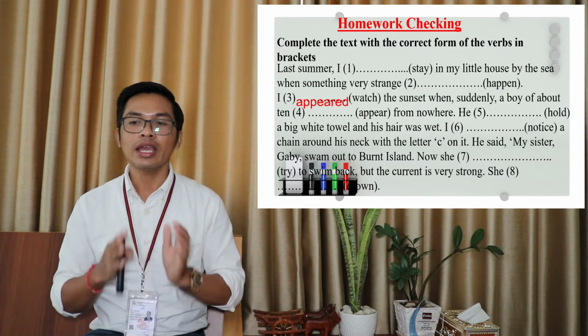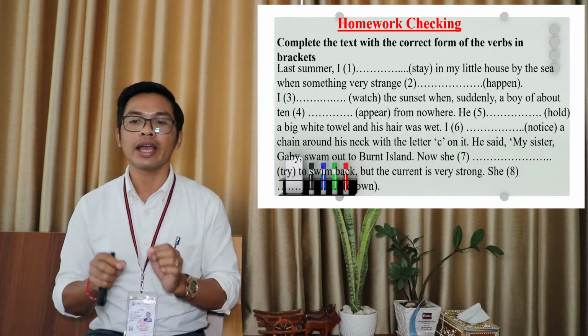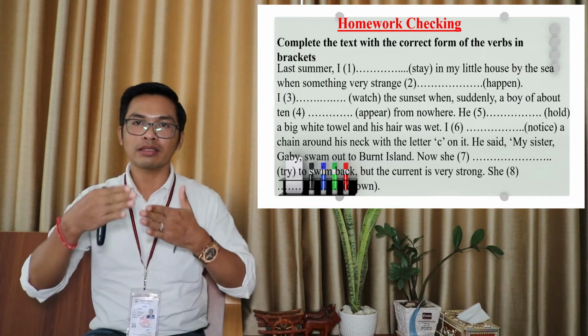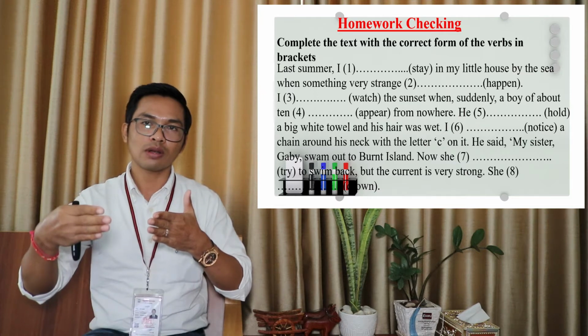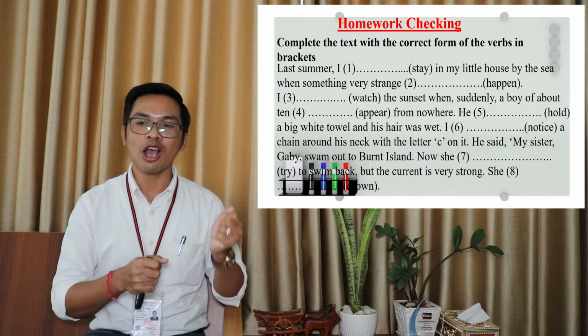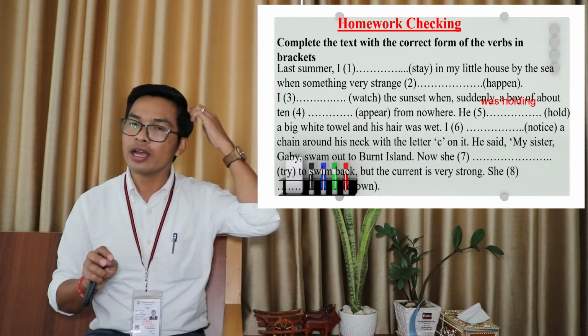Number 5, he blah blah blah hold a big white towel and his hair was wet. You see, they talk about where the boy is coming from, but they want to talk about the action he was doing. It means he was holding a big white towel and his hair was wet.